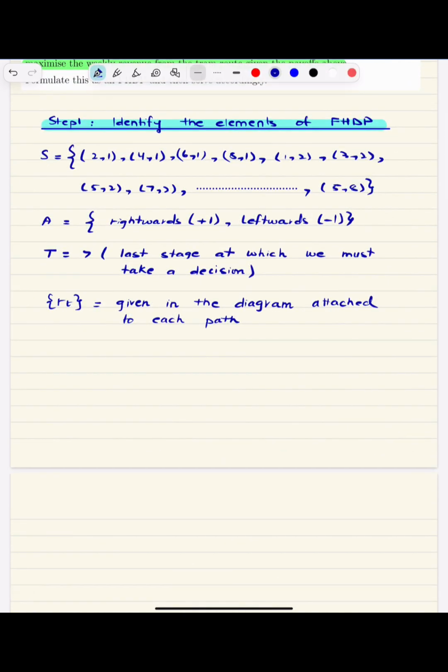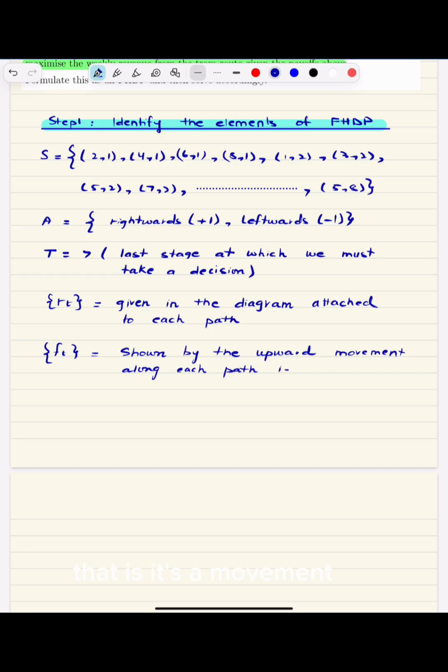Okay, what is the function that takes us from one state variable to another? It is simply shown by the upward movement along each path.